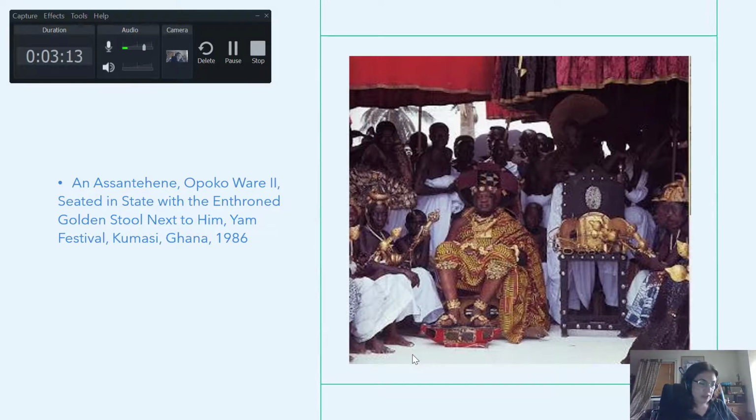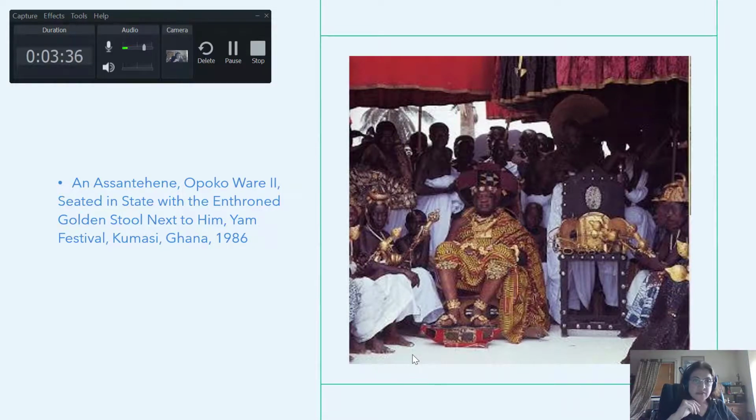Beads are very important in this culture. And the idea of him dressing like this has a relation to both the supernatural and an idea of protection that is given to the king through all of these things that he is wearing.